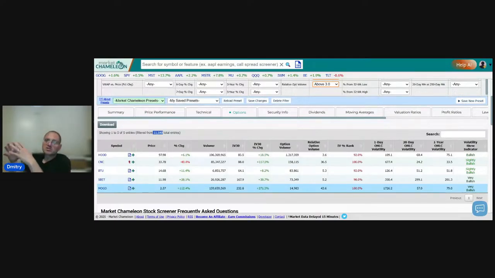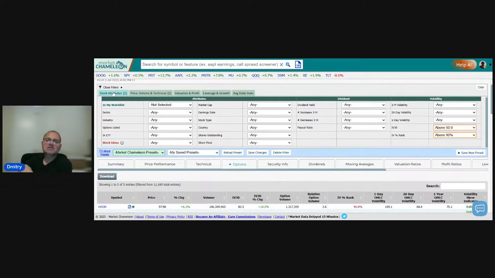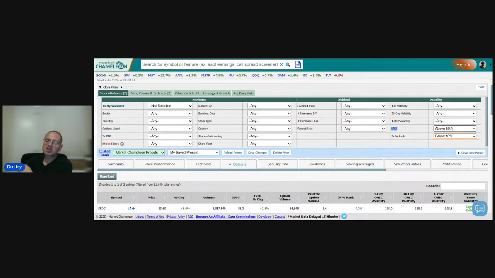We could go the other way and see if there's really heavy volume in options that are getting smashed, where implied volatility is getting crushed to a very low level. So let's go the other way. Let's come back to stocks, where the IV rank, let's say, is below 10%. And let's uncheck this minimal IV percentile rank.